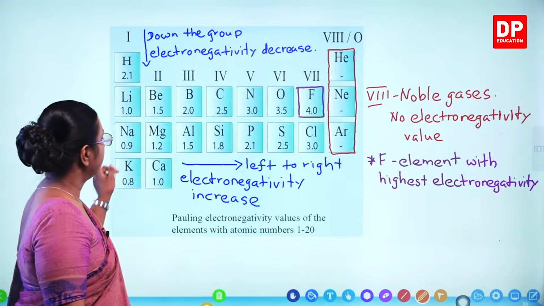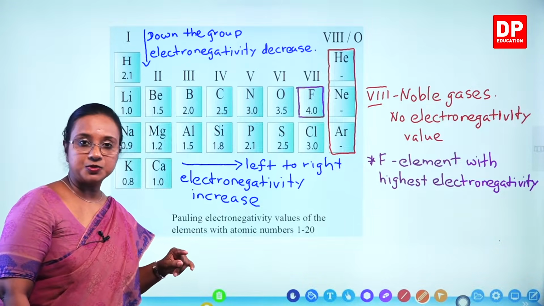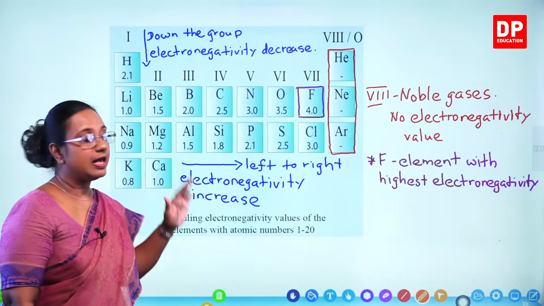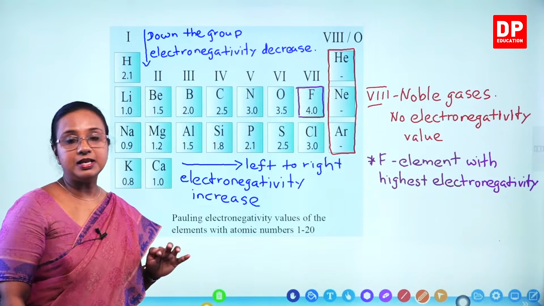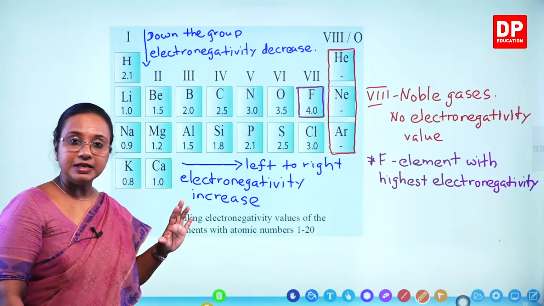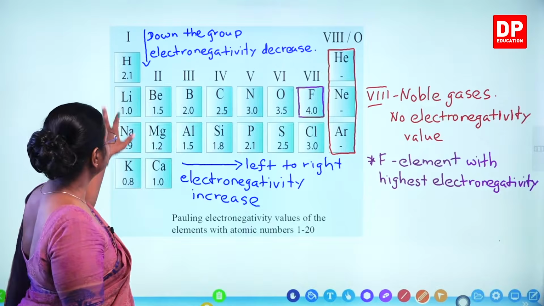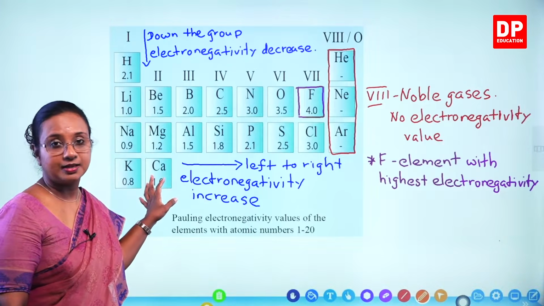The same way, if you look at all the values, down the group electronegativity decreases and across the period it increases. So that means the element with the lowest electronegativity has to be on this side.